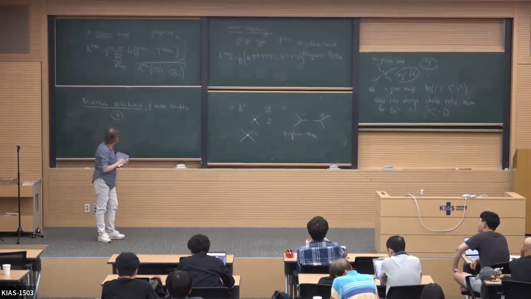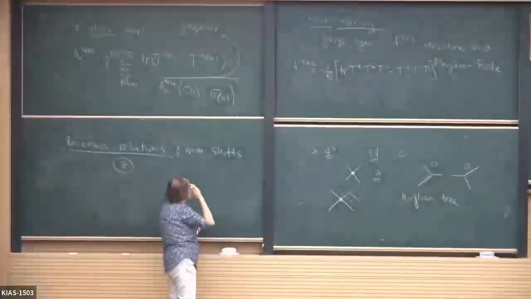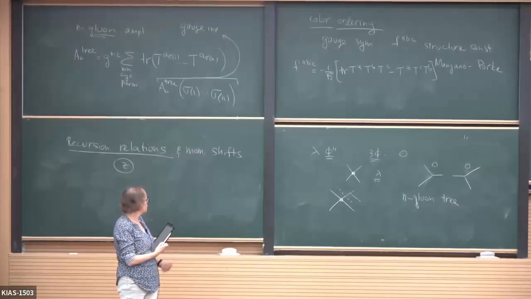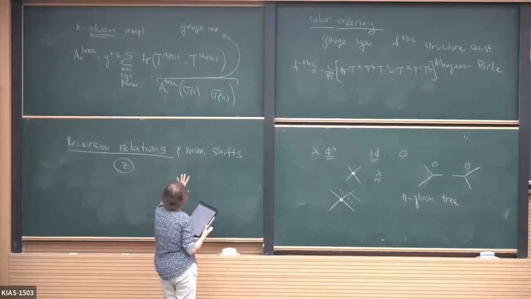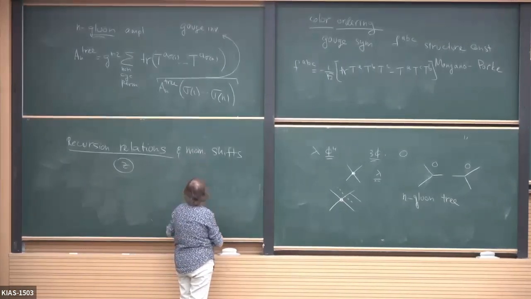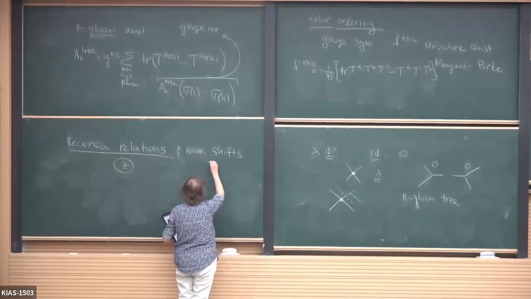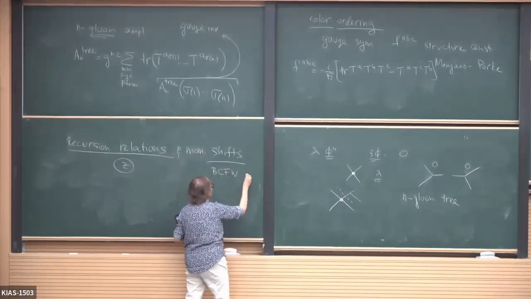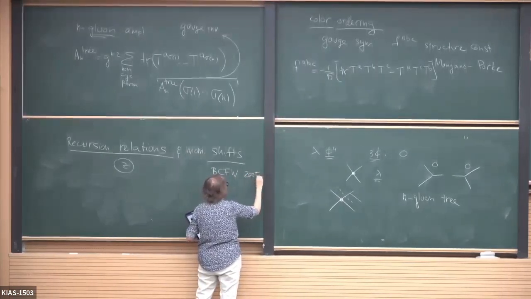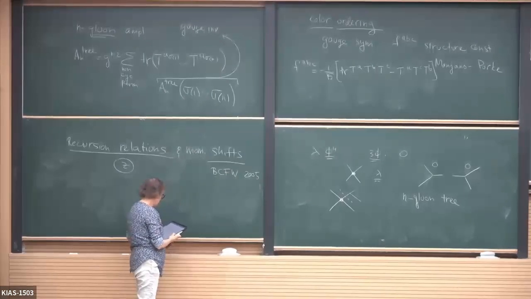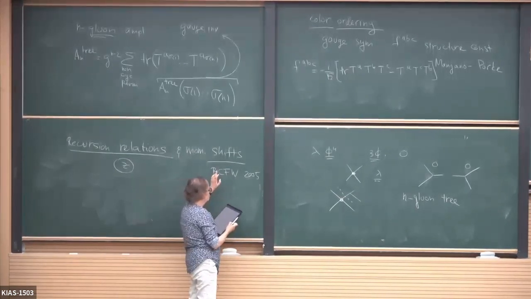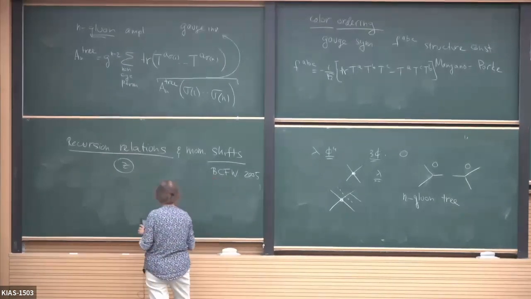Now, this more brute force bootstrap was used very early on to calculate QCD amplitudes, but the trick of using momentum shift was discovered by BCFW in 2005, I guess. This is Britto, Cachazo, Feng, and Witten in 2005.